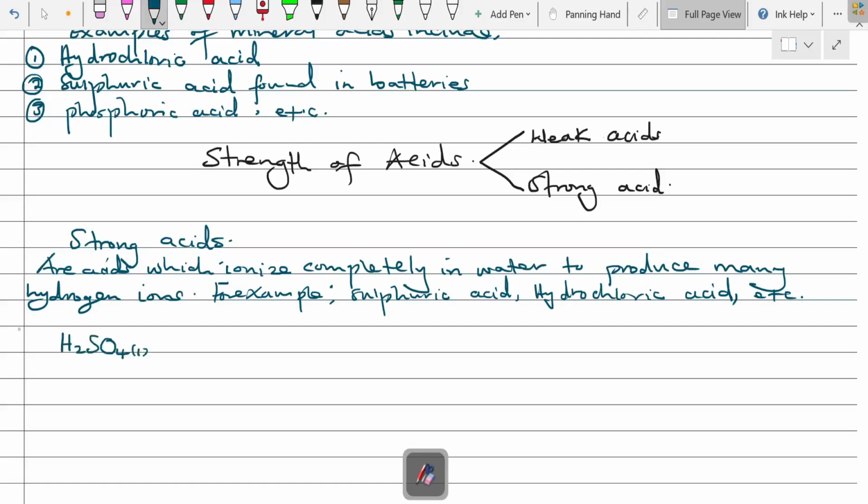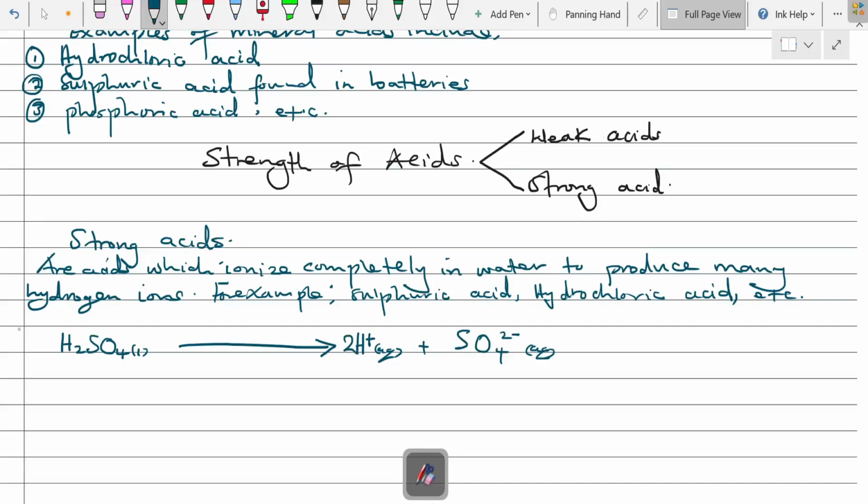This one ionizes in water completely to give us the hydrogen ions, aqueous, plus the sulfate radical, aqueous. And here there's supposed to be two.